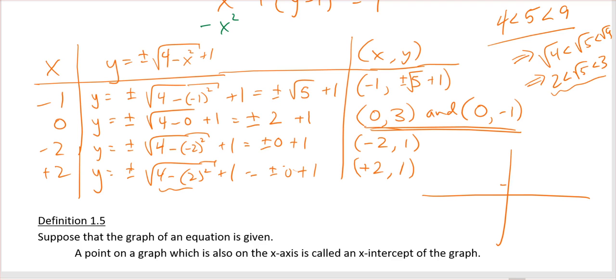So we got 0, 3, 1, 2, 3, boop, 0, negative 1, boop, negative 2, 1, boop, 2, 1. And then we've got plus or minus square root of 5. So that's something between 2 and 3. Plus 1. So that would be something between 3 and 4.